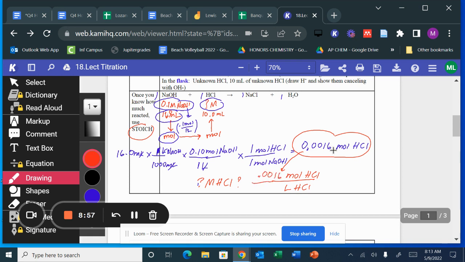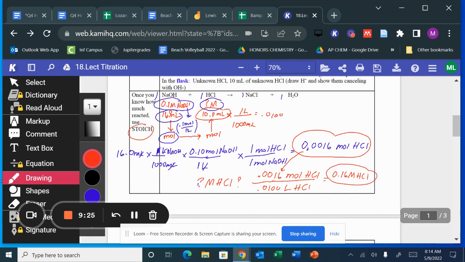And I know the liters, let's change that to liters. 1,000 milliliters is 1 liter, so it's 0.0100 liters. That equals 0.16 molar HCl.